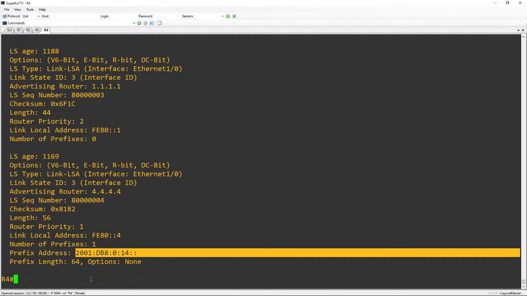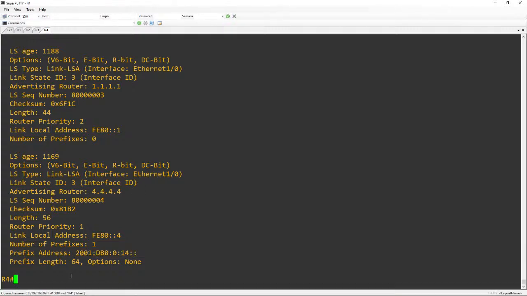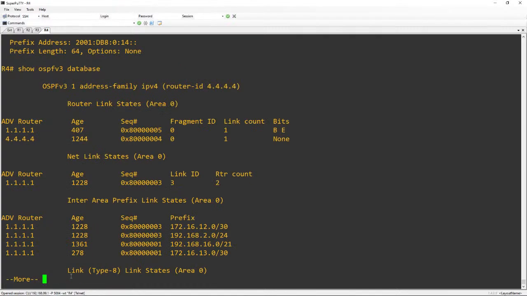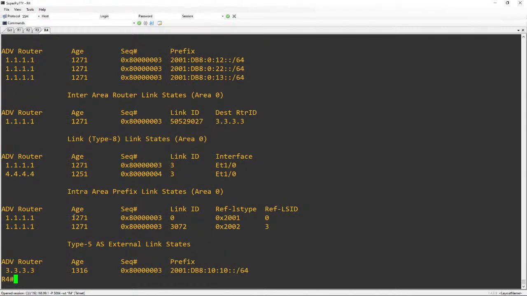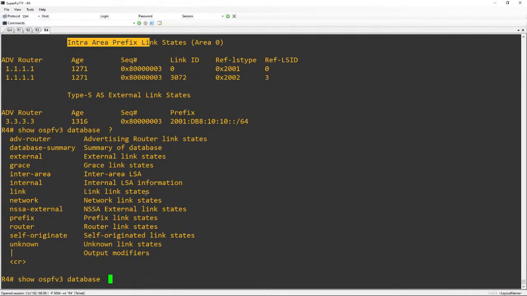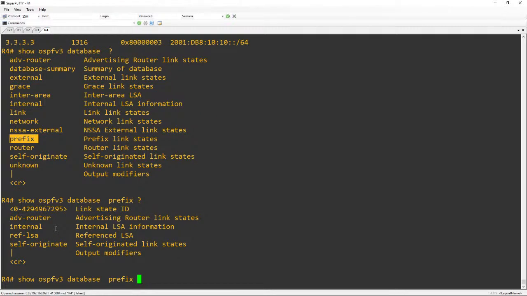We already did take a look at the type 9s, but we'll take a look at it one more time. The type 9s are my intra-area prefix link states, and that would be the prefix and intra-area.